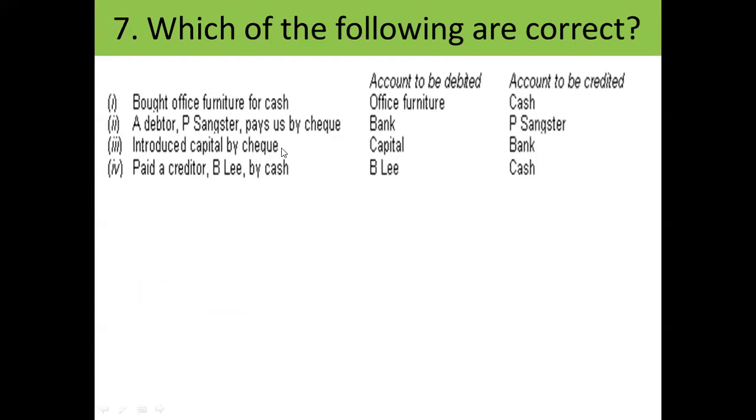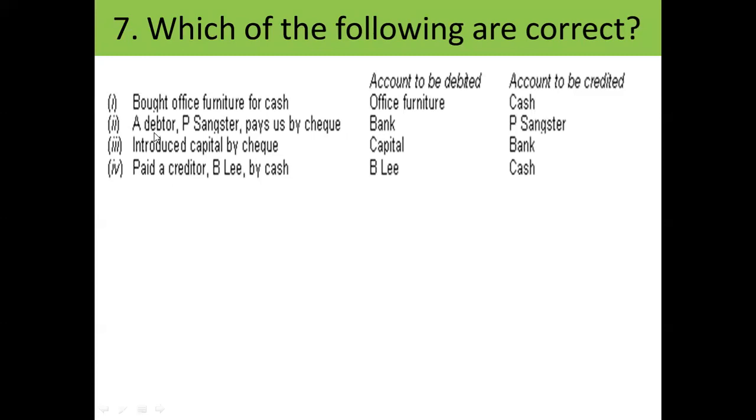Next, which of the following are correct? It is the same as what we came with. We bought office furniture for cash. The account to be debited is office furniture, and the account to be credited is cash. When we bought office furniture for cash, we debit office furniture and credit cash.